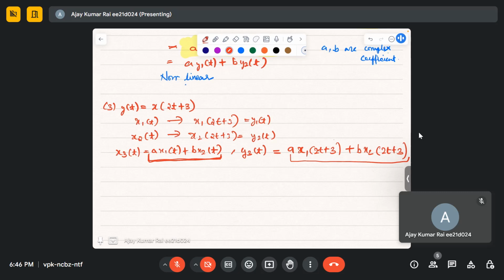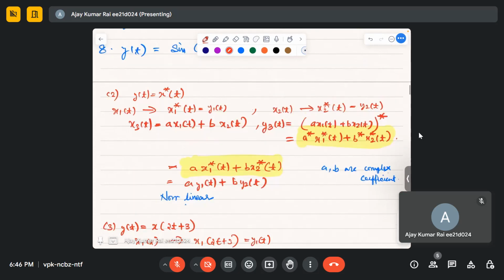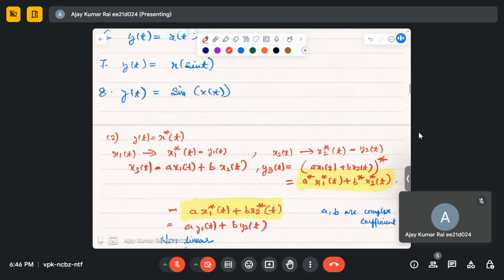So y(t) is x(2t plus 3), right? Whatever variation is there, that is on time, right? It's not on x. So let's see the previous one. You see the operation.